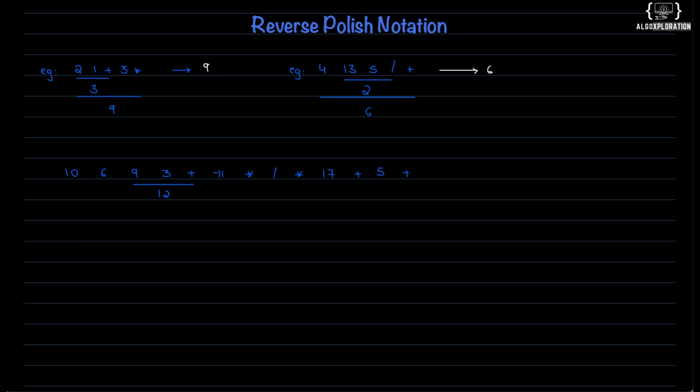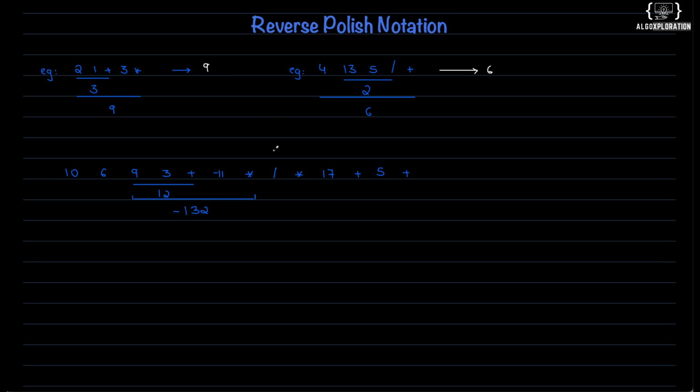Now the next is minus 11. So this is nothing but an element only. After this, I have the operator multiplication, in which I need to take the previous two elements. Now the previous two elements are 12 and minus 11. So 12 into minus 11, the answer is minus 132.